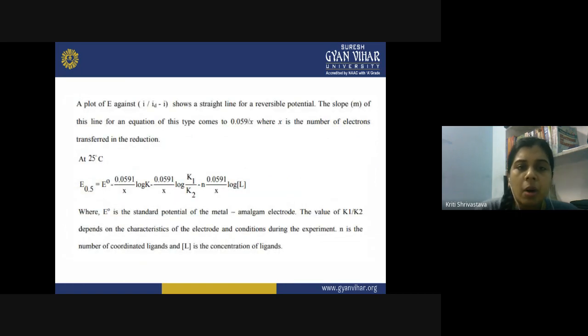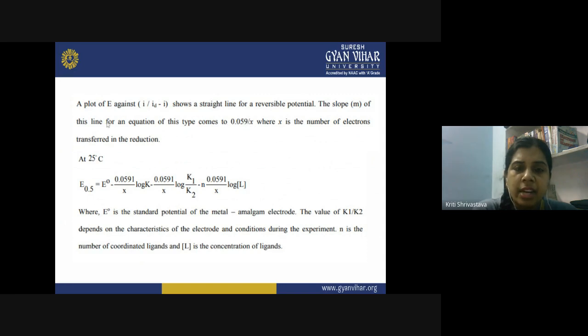Now a plot of E against I upon Id minus I shows a straight line for a reversible potential. Now the slope m of this line for an equation of this type comes to be what? 0.059 upon x.